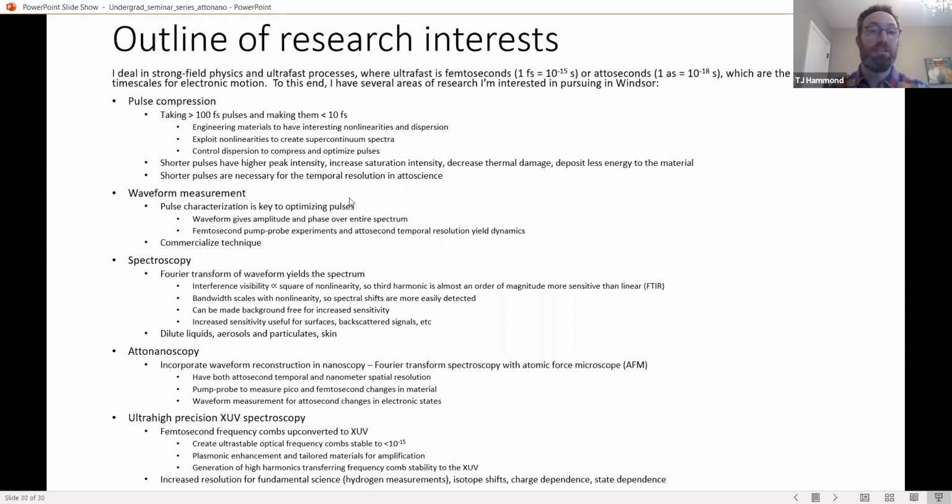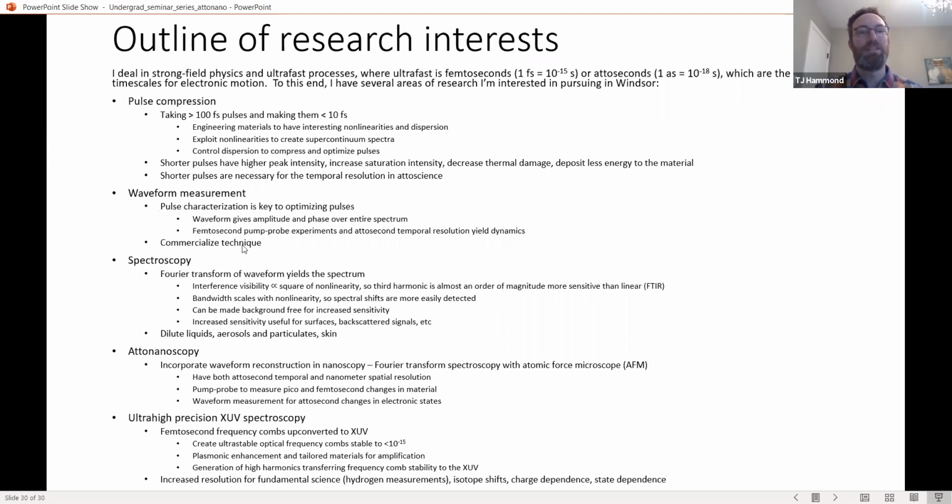We of course have to measure these pulses, and so developing a new, more robust waveform measurement technique is what my other grad student is working on. It turns out that when you measure this waveform, you actually completely know the spectrum. It's kind of the opposite of what I was saying before, but if you know the waveform really well, you know the spectrum very well.